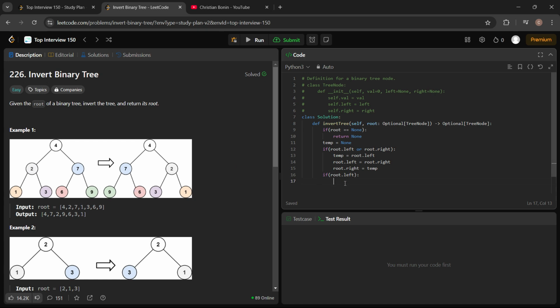Now we need to call the function on this node and invert the tree.